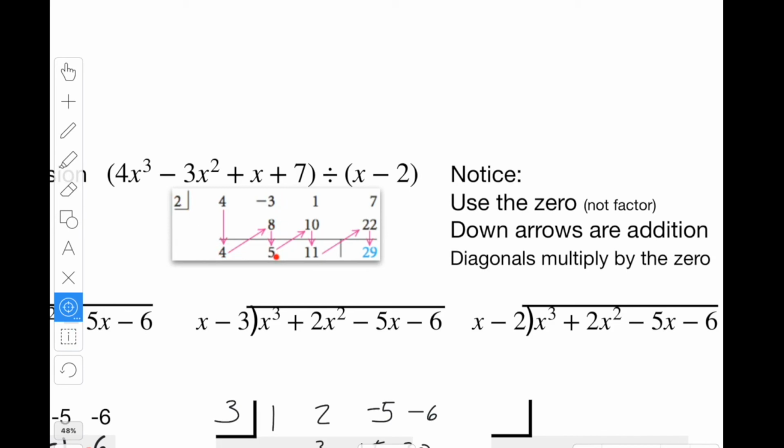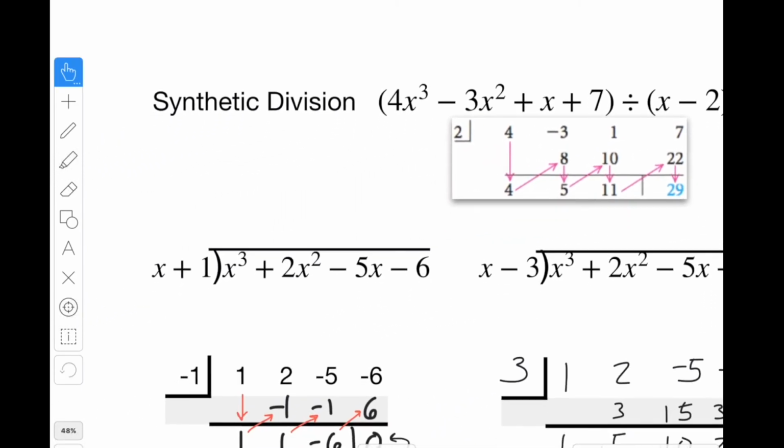Add here to get 5, and multiply by 2, the zero, to get 10. Add here, and multiply by 2 to get 22. Add here, and that's the remainder. So this answer is going to be 4x squared plus 5x plus 11 with a remainder of 29. It's polynomial division without all the handwriting, which is actually kind of key.